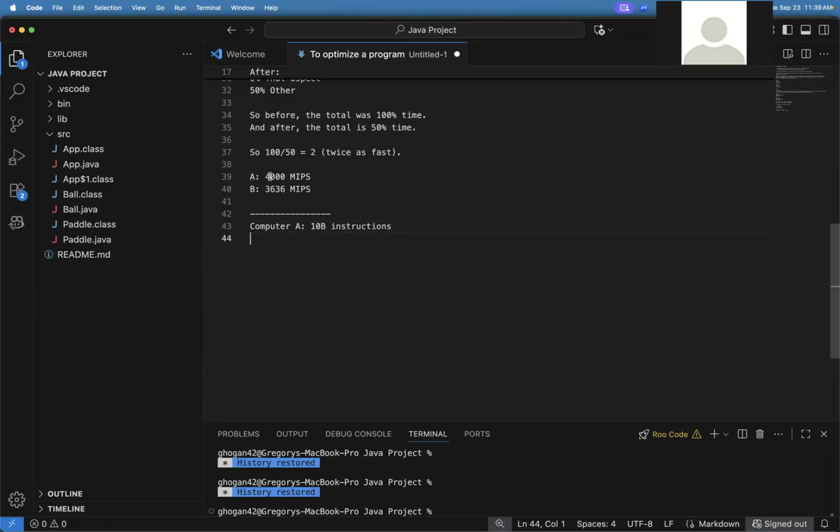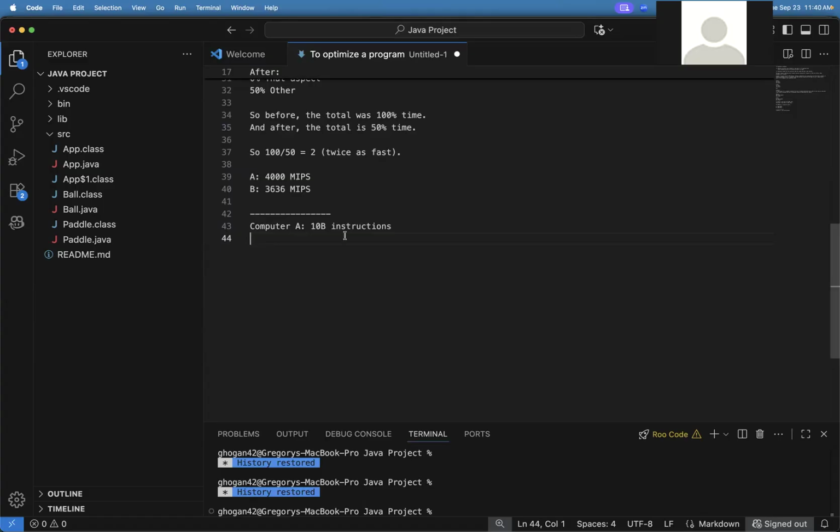well, if it runs 4,000 MIPS, then we can just take the 10 billion instructions and divide it by the 4,000 MIPS, and we could find the execution time, right? Because this is instructions per second, and this is instructions.